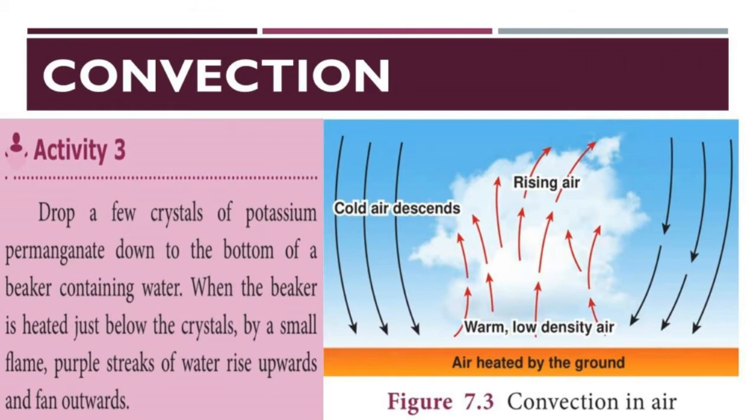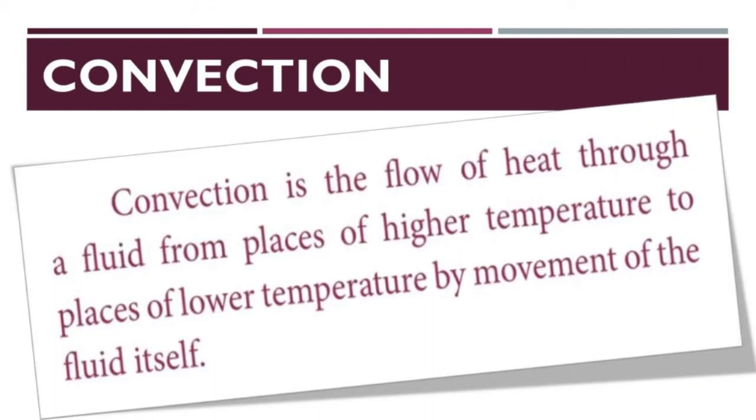It heats up, rises, and is again replaced by cooler air, creating a circular flow. So, convection is the flow of heat through a fluid from places of higher temperature to places of lower temperature by movement of the fluid itself.